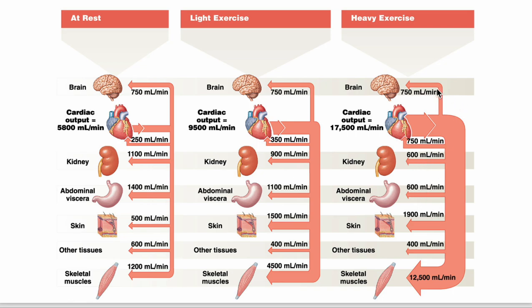But notice what stays steady is the amount of blood to the brain, because neurons always need a certain amount of glucose and oxygen to do what they do. So that one we want to keep the same. So that's a good overview of what happens to cardiac output as you increase activity and how your body routes that blood to meet the needs.